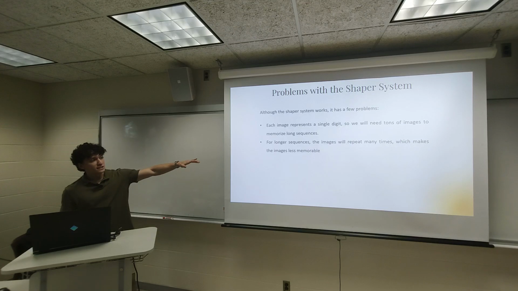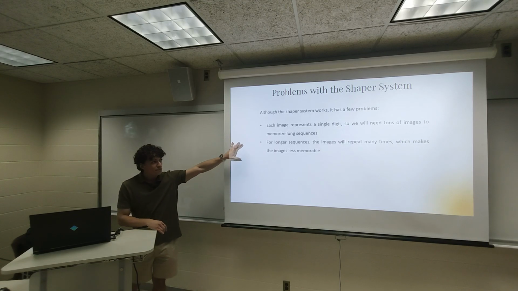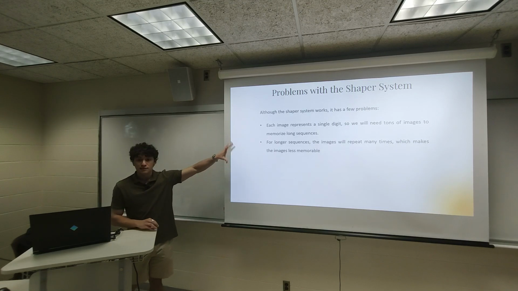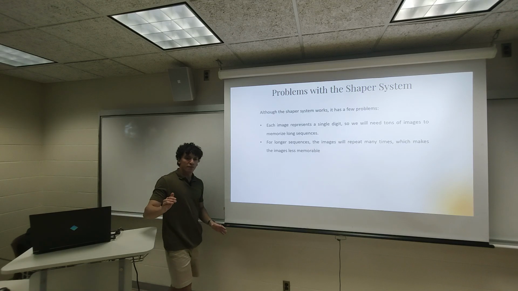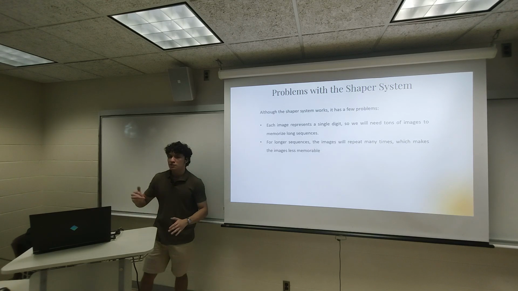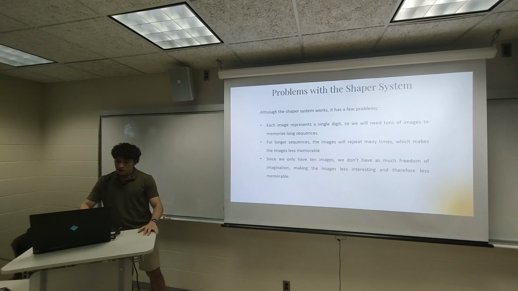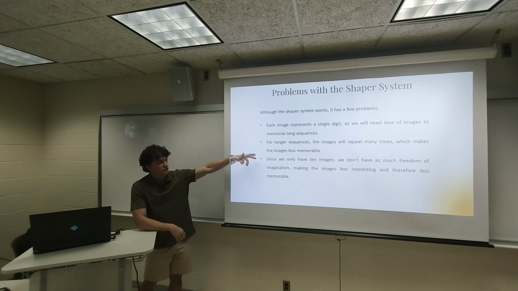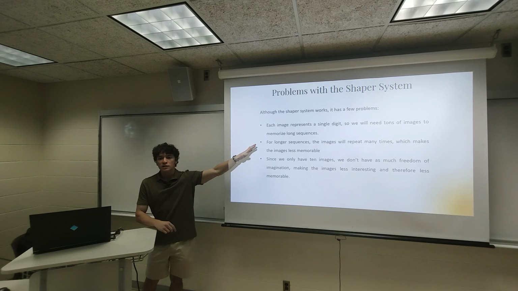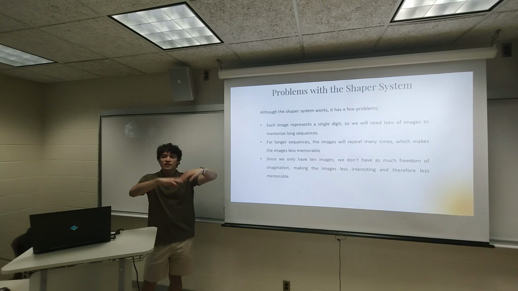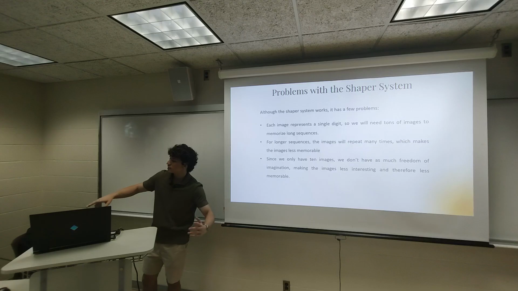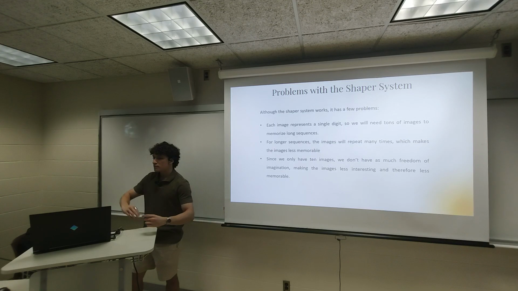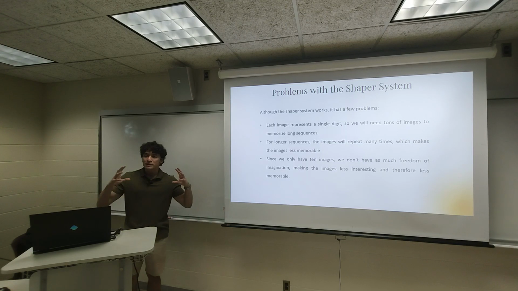And for longer sequences, the images will repeat many times, which makes them less memorable, right? Because the more repetition you have, the less unique each image is going to be. And since we only have 10 images, we also don't have much freedom for all the things we could imagine. There are only so many things you can imagine with a chair or with a magic wand. It's still limited.